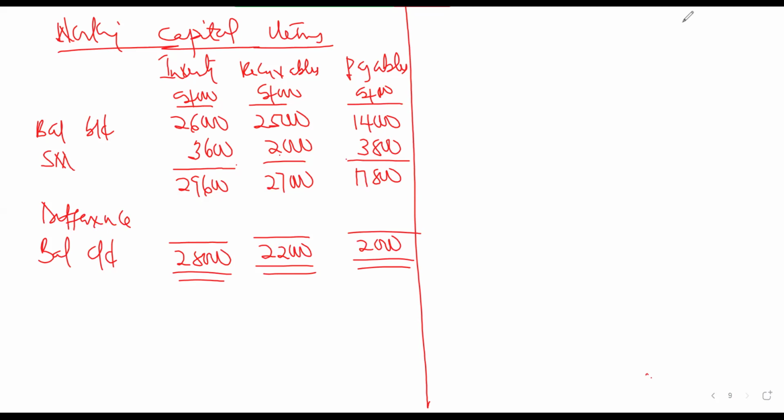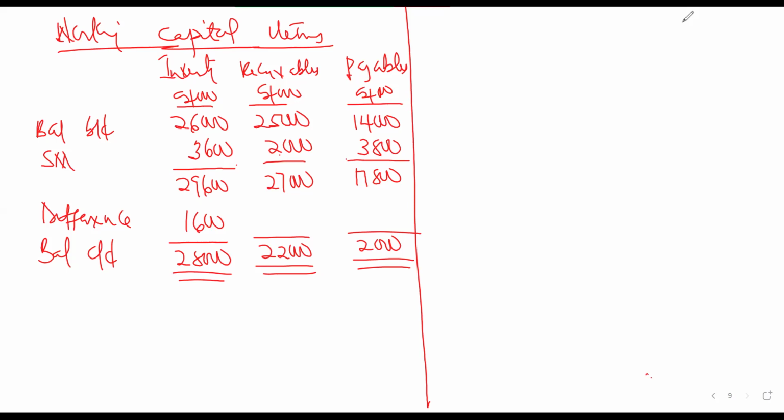The difference for the inventory is how much? 1,600. So the opening balance was higher than the closing balance. Okay.